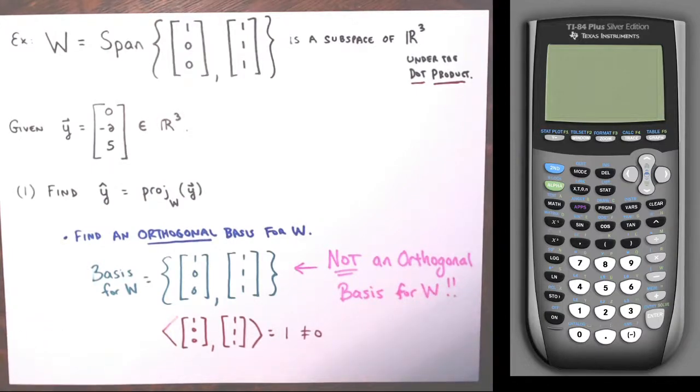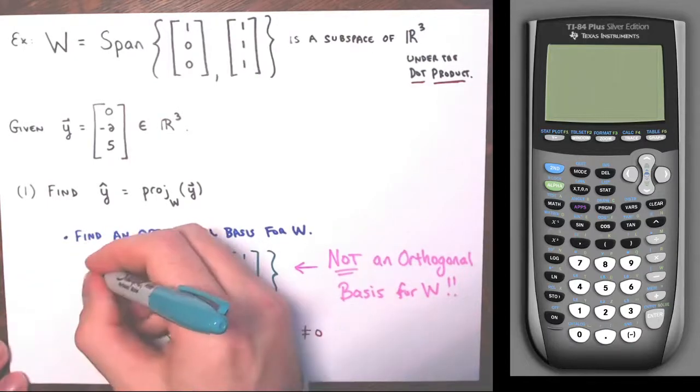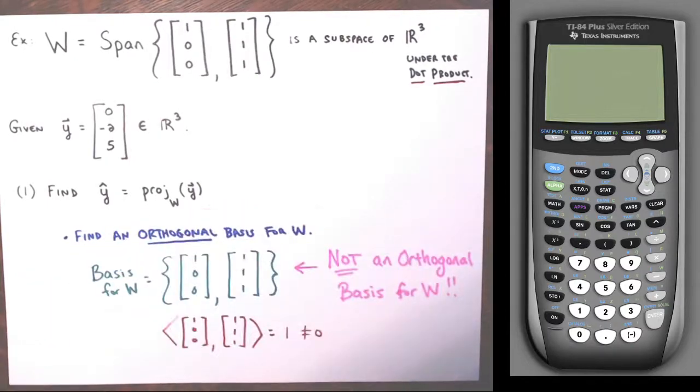So what do I do? Well, we've seen this before. It's been a few videos, but if I'm given a basis for some vector space, you can construct an orthogonal basis through the Gram-Schmidt process.